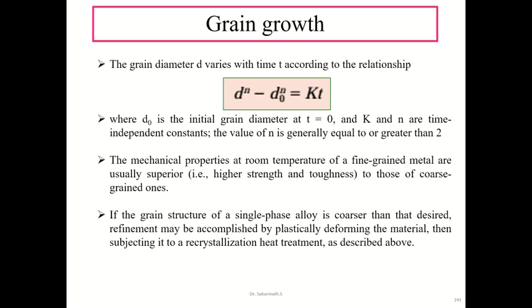Here d0 is the initial grain diameter at time t equal to 0 seconds, and k and n are time-independent constants. This n will generally be greater than or equal to 2.